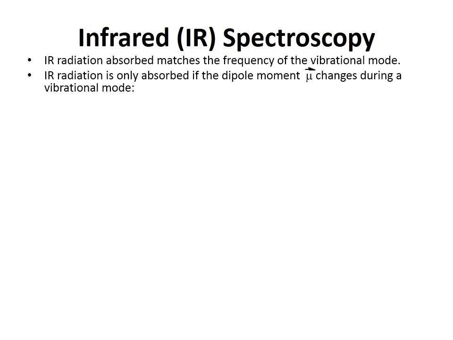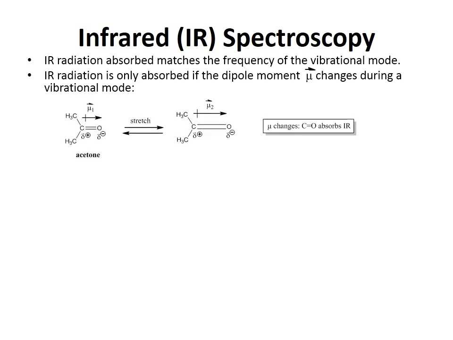So, for example, if you look at acetone, the CO stretch changes the dipole moment, because the distance between the partial positive charge on carbon and the partial negative charge on oxygen increases during the stretch, and then decreases when the oxygen snaps back toward the carbon. That change in the dipole moment allows infrared or IR radiation to be absorbed.